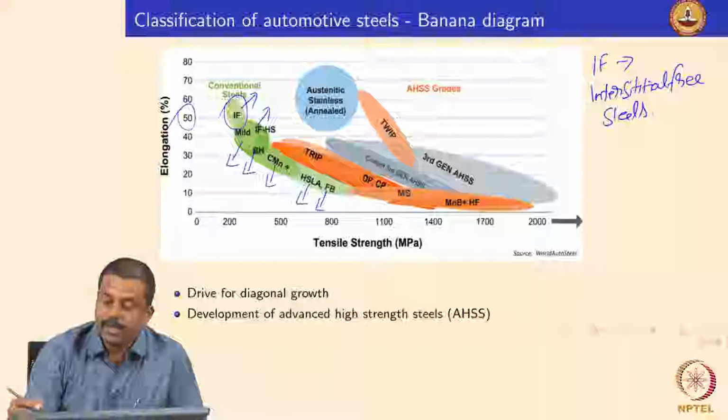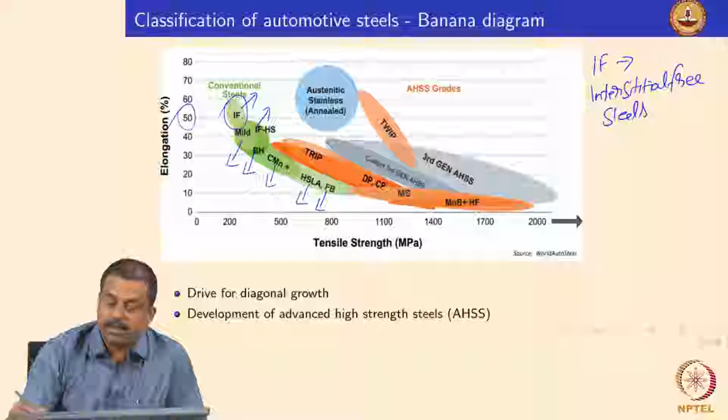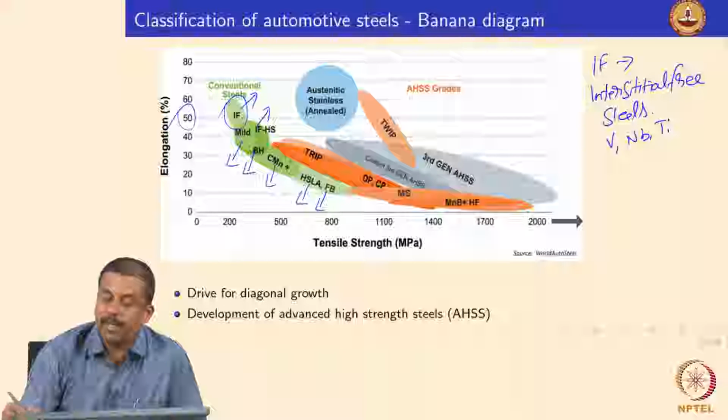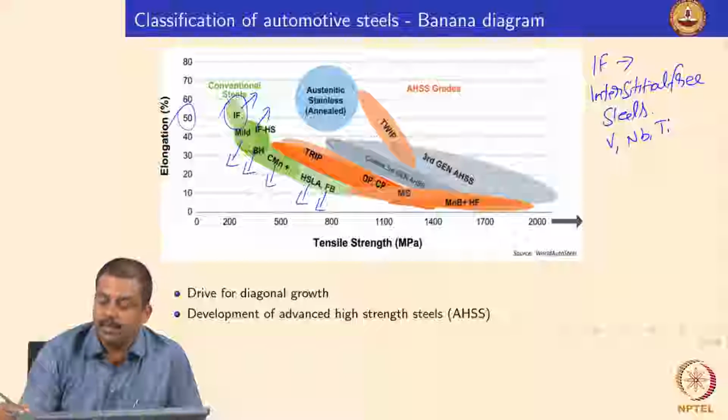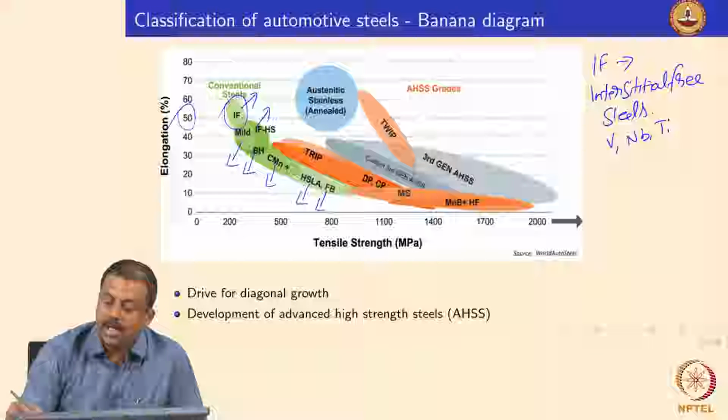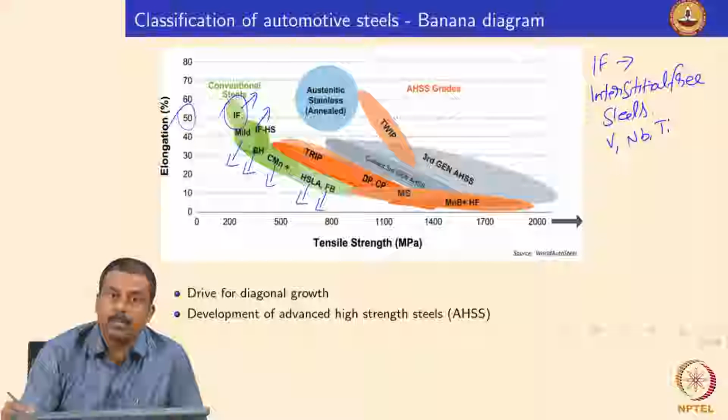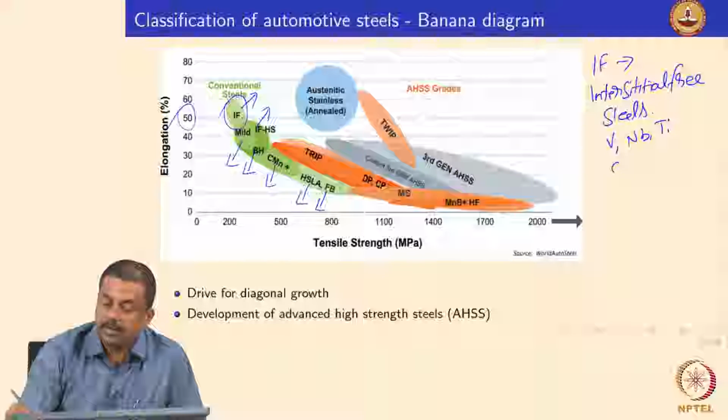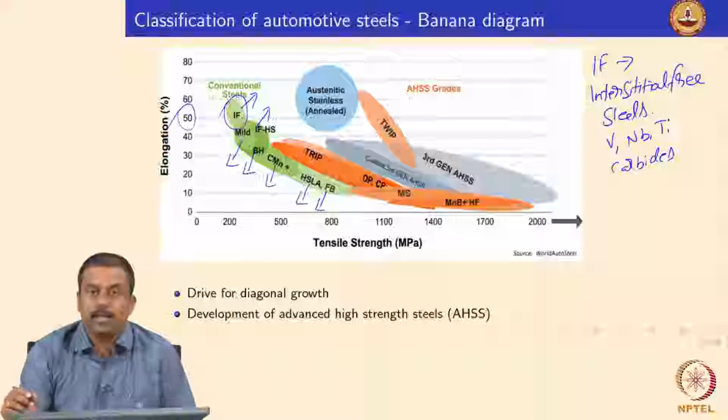the interstitial positions, for example vanadium, niobium or titanium, added in few ppm amounts. These elements combine with the carbon atoms and form carbides of vanadium, niobium and titanium.